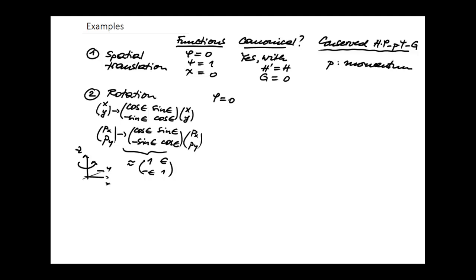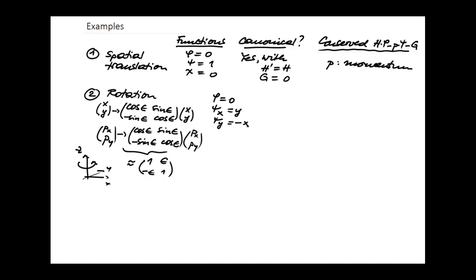So the function psi x that characterizes the infinitesimal shift of the x coordinate is equal to y. The y coordinate is transformed to y minus epsilon x. So the function psi associated with coordinate y is minus x.